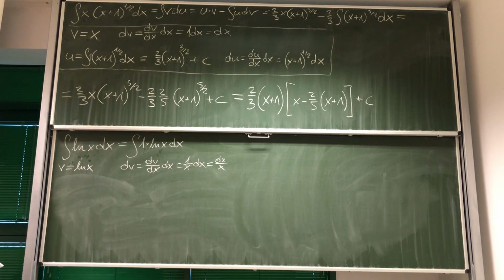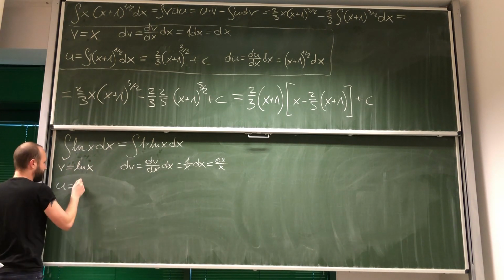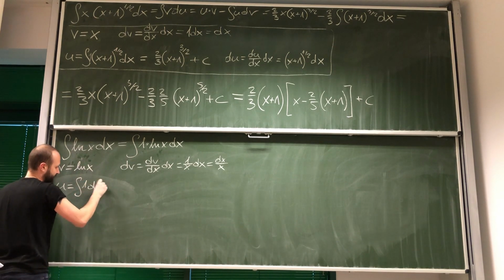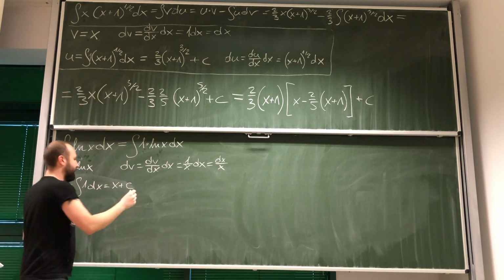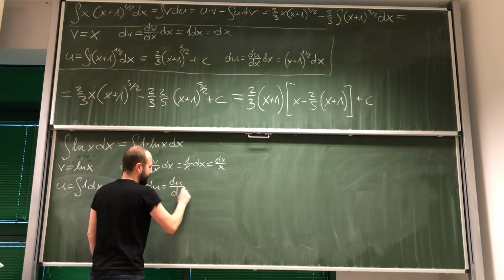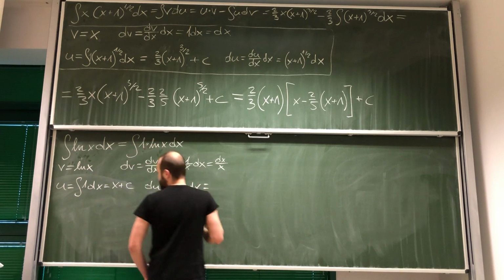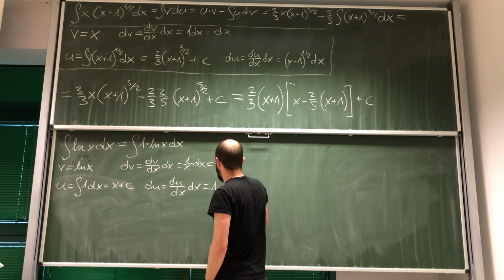Okay, now we need to find u. U is going to be the integral of the other part, which is 1, which is going to give us x plus c. And of course du, which is equal to du/dx times dx, is the derivative of x, which is simply 1 times dx.